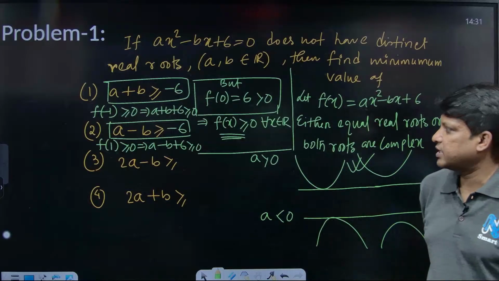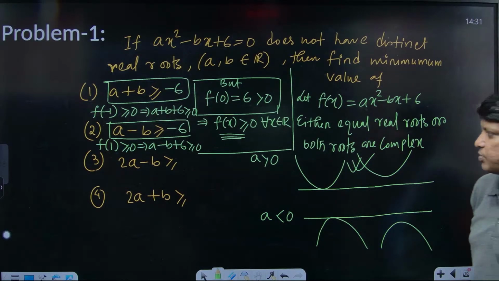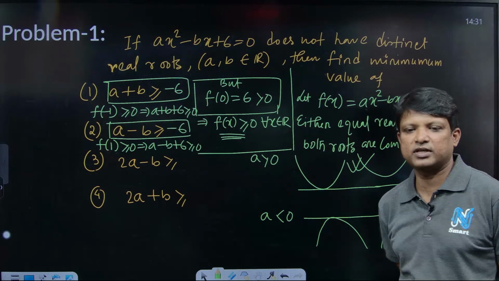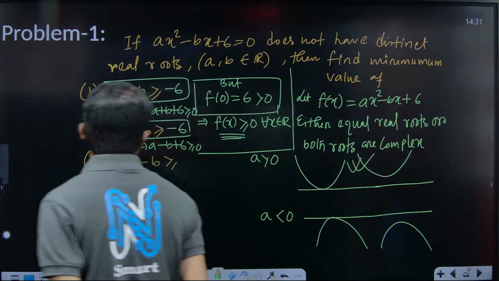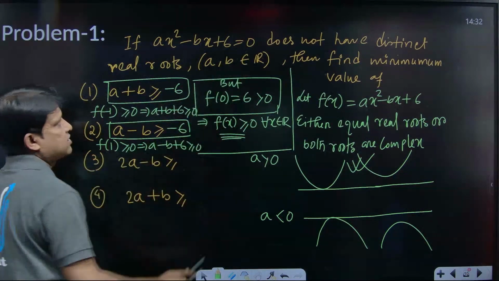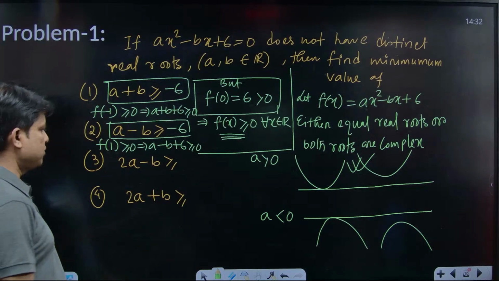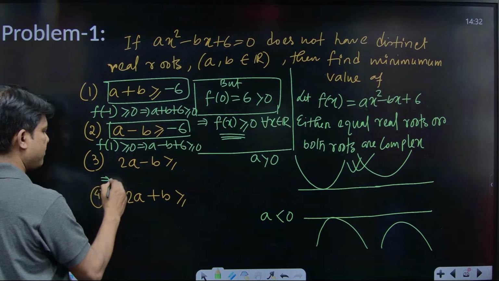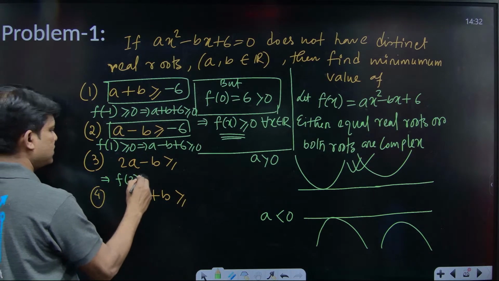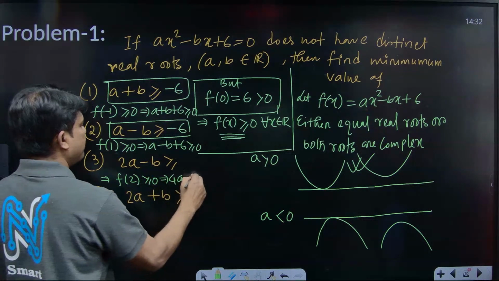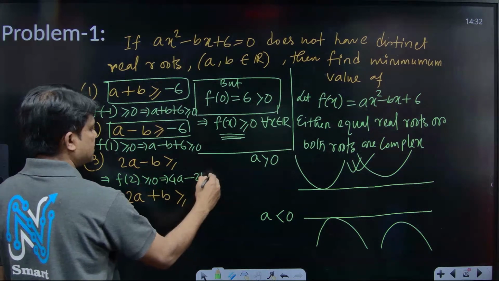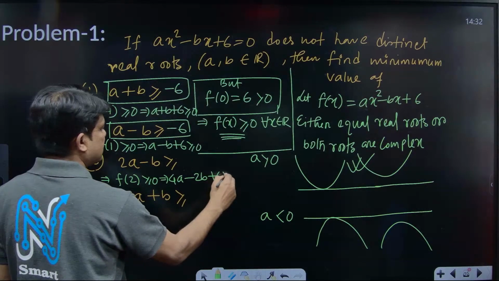2a minus b, third question. f(x) is positive, so for what value of x will we get 2a minus b? Just put x equal to 2, so 4a minus 2b plus 6 is positive. That means f of 2 is greater than or equal to 0, so 4a minus 2b plus 6 is greater than or equal to 0.